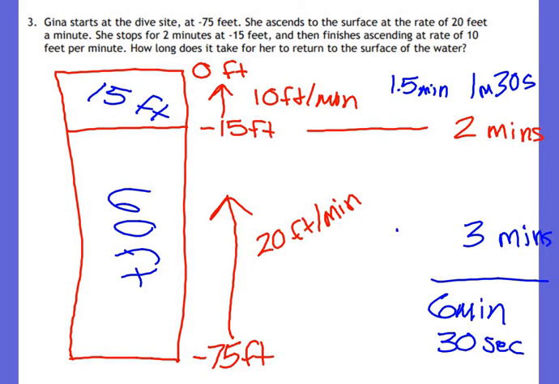So it's slower going up than down because of gravity? It is slower going up than down, but not because of gravity. Why can you not go up scuba diving as quickly?